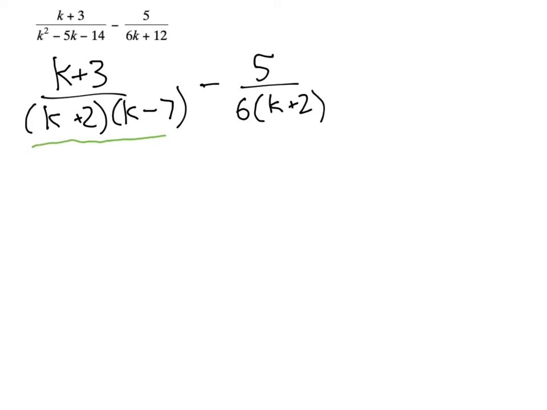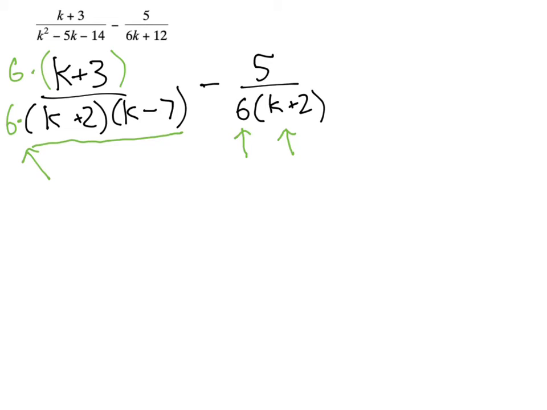So let's start over here with our k plus 2, k minus 7. We can see that the denominator on the right already has k plus 2 in it, but the denominator on the right also has a factor of 6 that this denominator is missing. So we can multiply 6 times the numerator and denominator of this fraction on the left to create that common denominator.